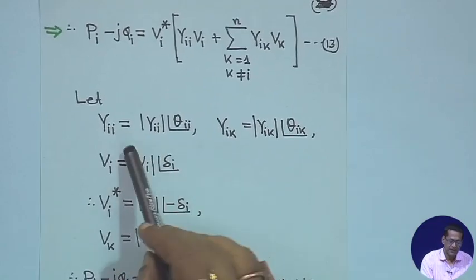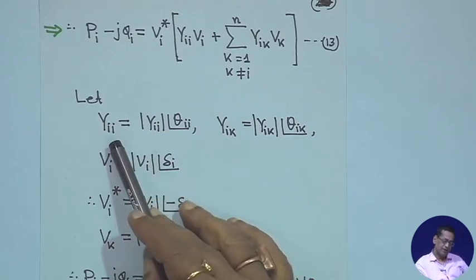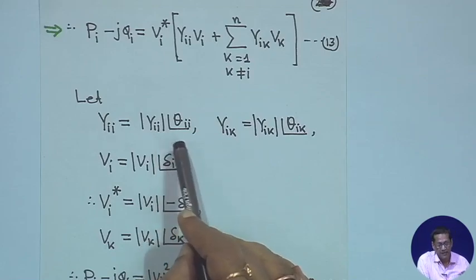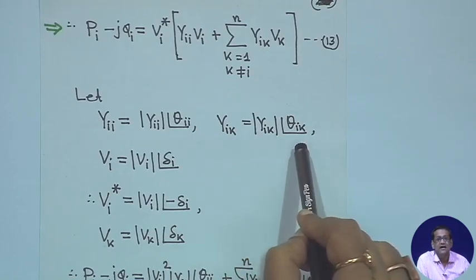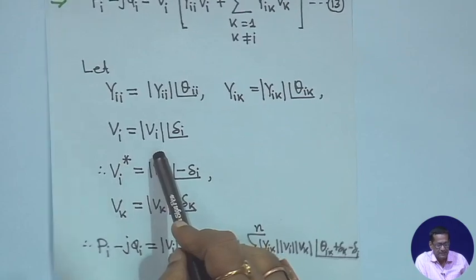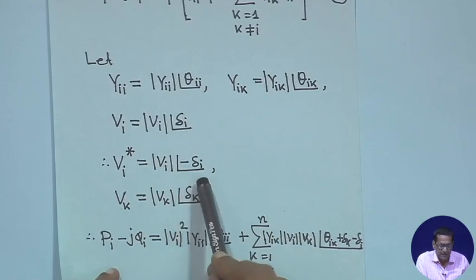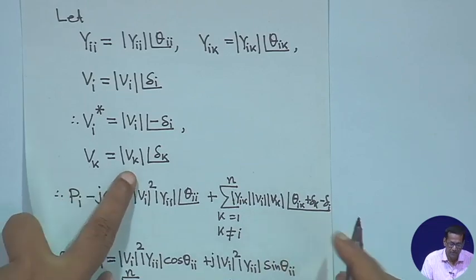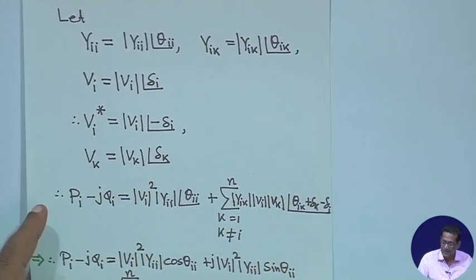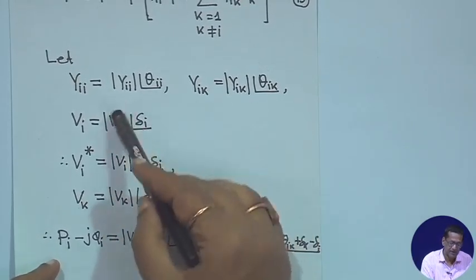Now, define the Y matrix admittance elements in terms of magnitude and angle. Therefore, Y_ii is magnitude of Y_ii angle theta_ii, and capital Y_ik is magnitude of Y_ik angle theta_ik. Similarly, V_i is magnitude V_i angle delta_i, therefore V_i conjugate will be magnitude V_i angle minus delta_i. Similarly, V_k is magnitude V_k angle delta_k.